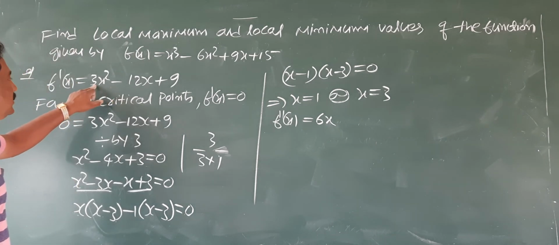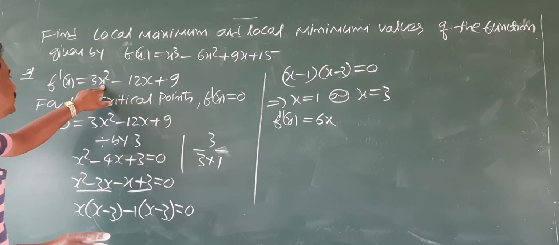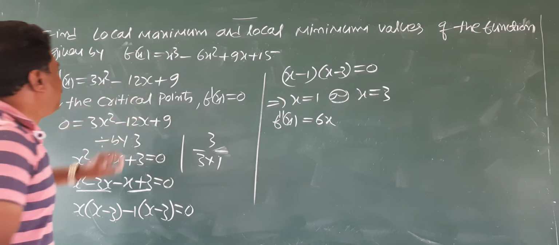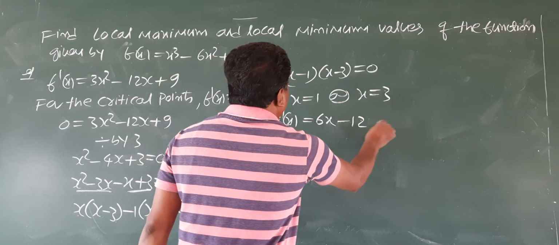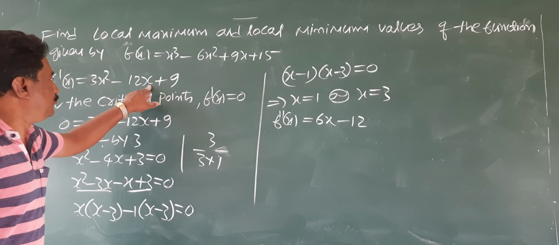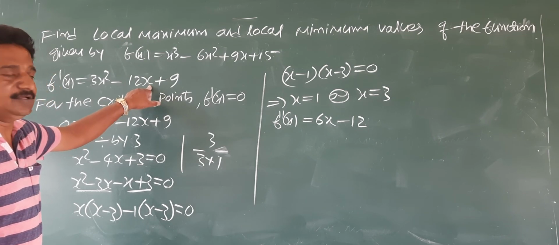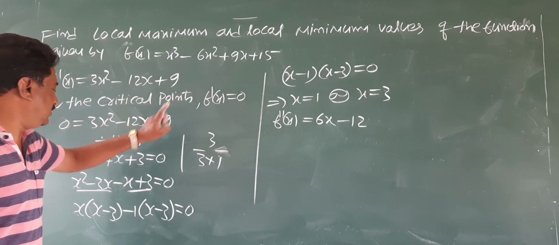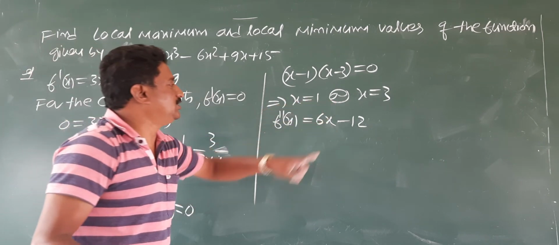Keep that 3 as it is, differentiation of x square is 2x, so it becomes 6x minus 12. Differentiation of 9 is 0, because 9 is constant.